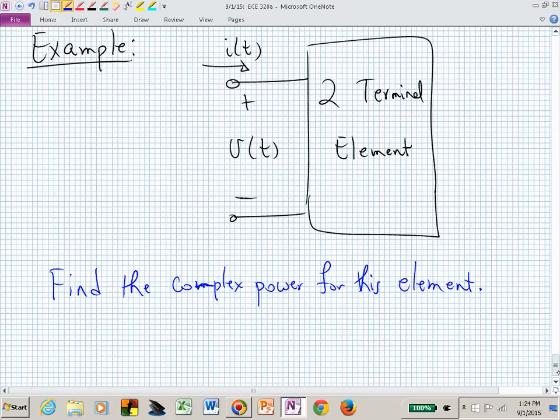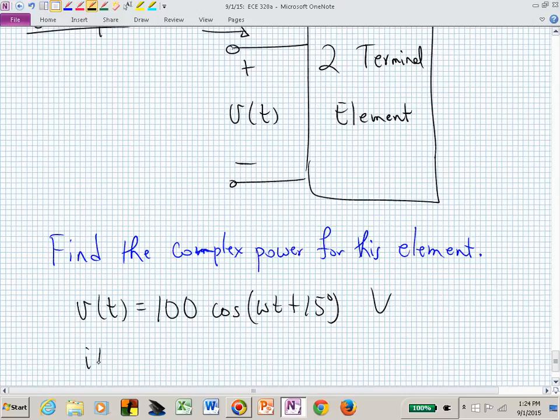where now I'm going to give you V of t. Suppose V of t is 100 cosine omega t plus 15 degrees volts.